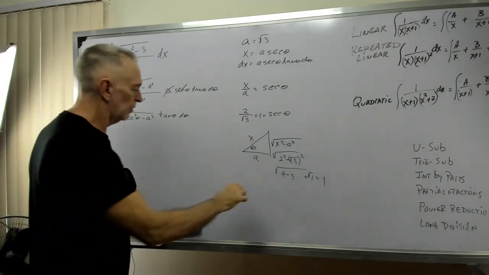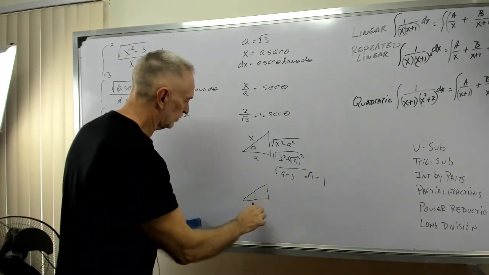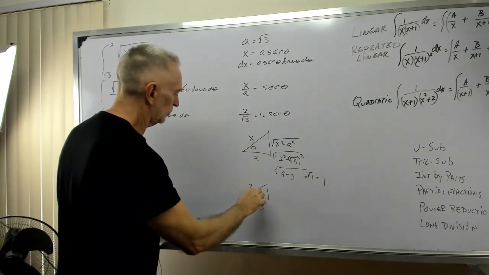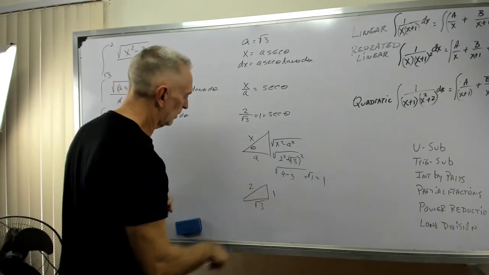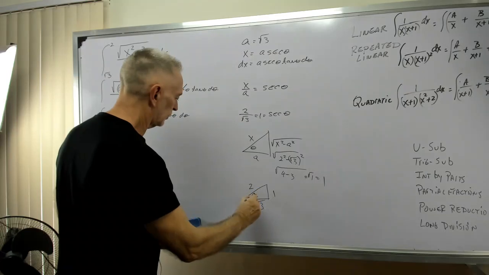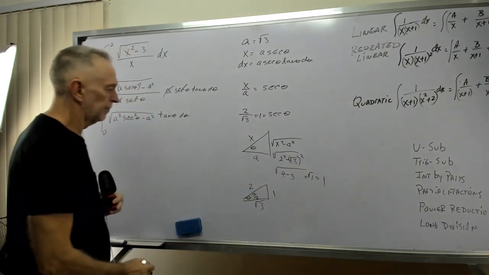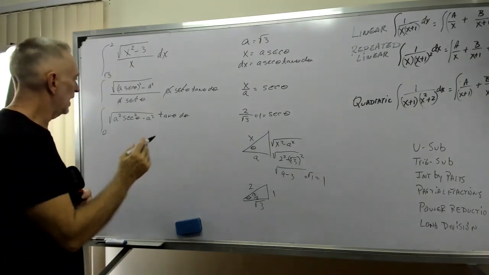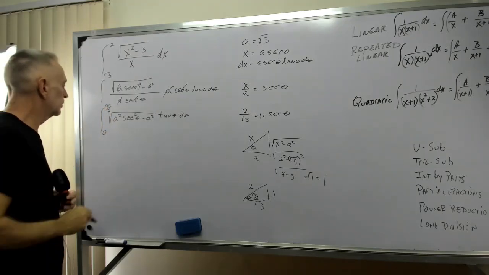So it's the old familiar 30, 60, 90 triangle. So I have square root 3, 2, square root 3, 1. That gives me pi over 6 is what theta would be. That's 30 degrees. Now let's put that in here. We have pi over 6.